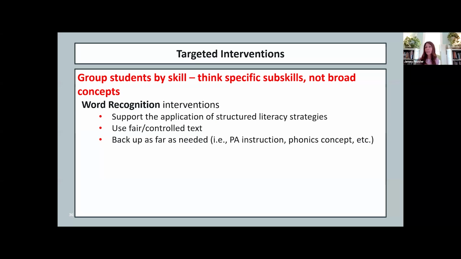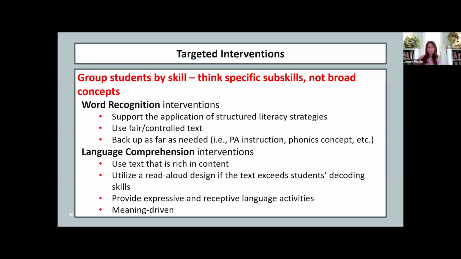So that's likely going to work with pattern-based words to target a specific skill that their diagnostic assessment said was an area of need. I would probably use sparse decodable text to practice application of that skill. I might have to back up and work a little more on phonemic awareness or a specific phonics concept in more depth. We might not even be able to read decodable text with that pattern yet. But those are the general concepts for word recognition instruction.